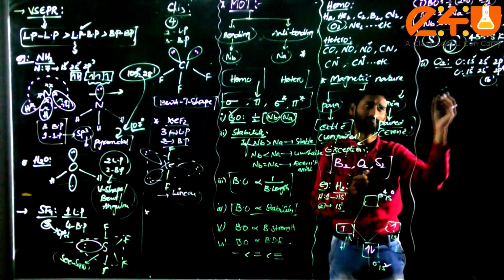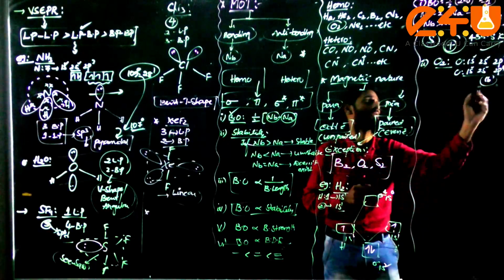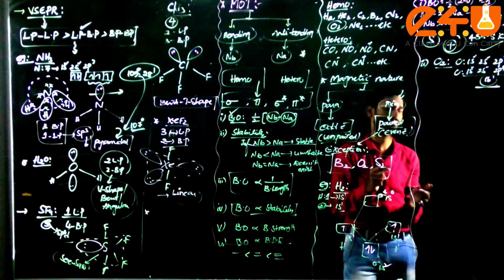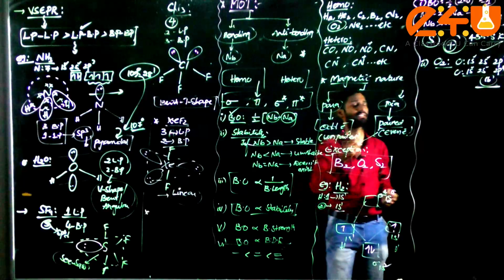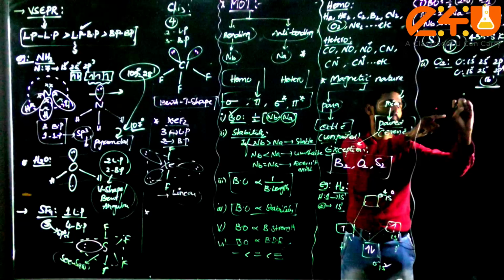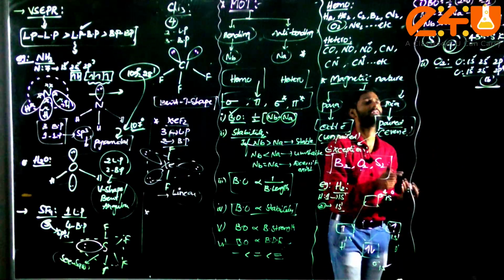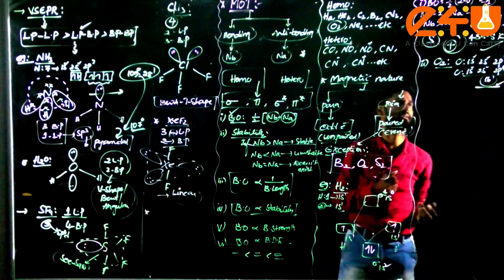Generally, if 14 electrons are there, we represent the molecular orbitals like this. If more than 14 electrons are there, we can represent the electrons as sigma 2px as well as pi 2p. Some energy levels get exchanged due to more repulsions. Now here 16 electrons are there.